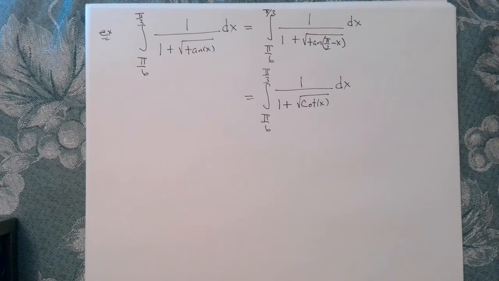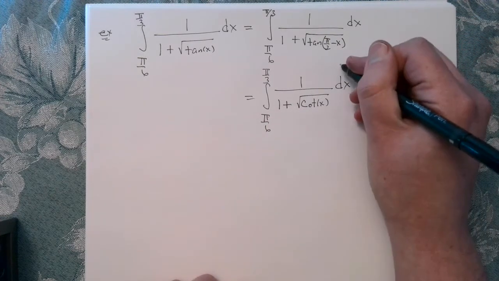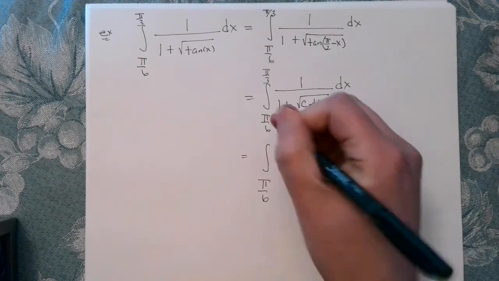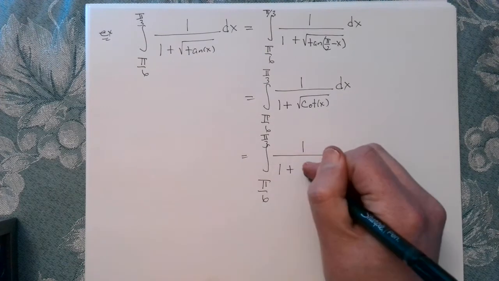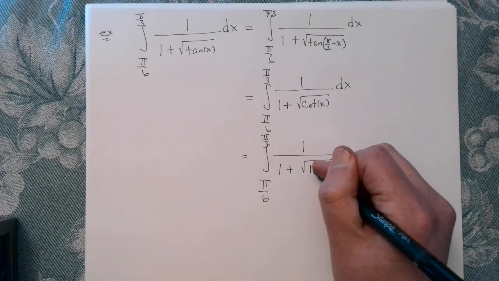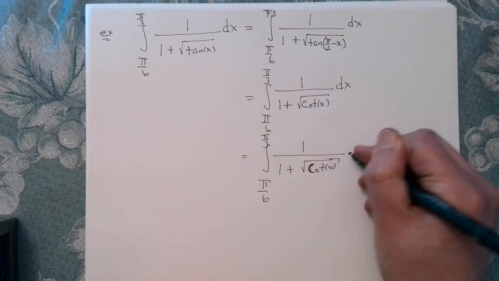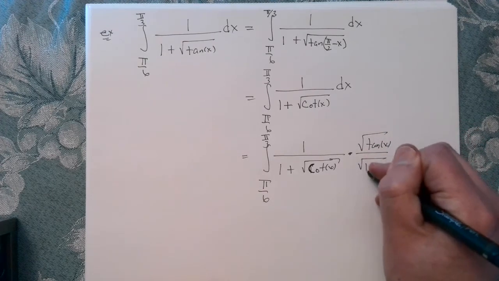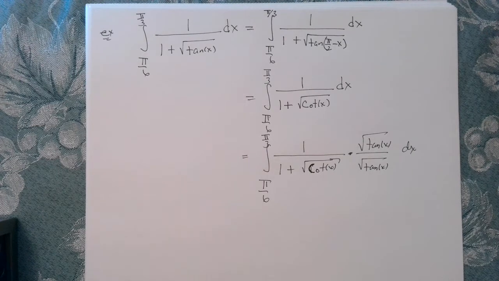And so we're going to multiply the top and the bottom by the square root of tangent over itself. Let's write that out. We're going to multiply the top and the bottom by this quantity here, the square root of tangent of x over itself. That's fine.